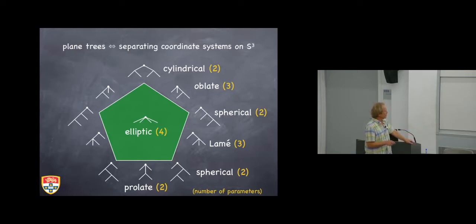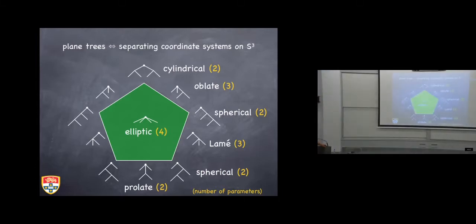So all these can be thought of as special cases of elliptic coordinates. If we look at the corners, there are spherical coordinates, different versions of spherical coordinates. And this I call cylindrical. It's also called polyspherical. I'll talk a bit more about what this actually is.